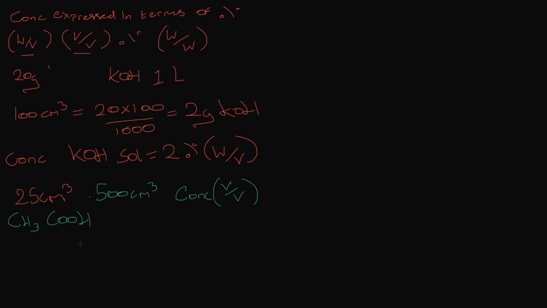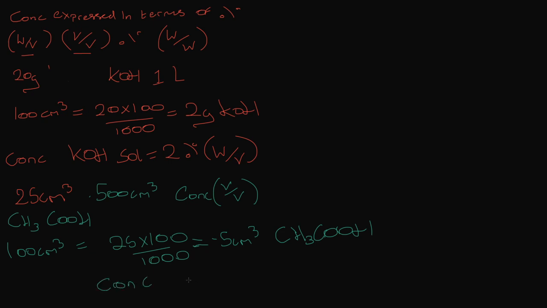So 100 cm3 of solution contains 25 multiplied by 100 over 500, and this is equal to 5 cm3 of CH3COOH. So therefore the concentration of the solute would be 5% V/V.